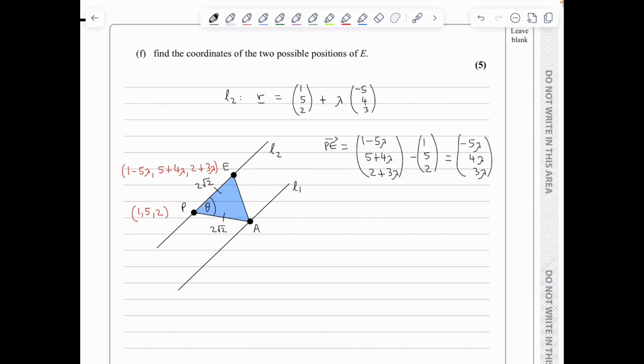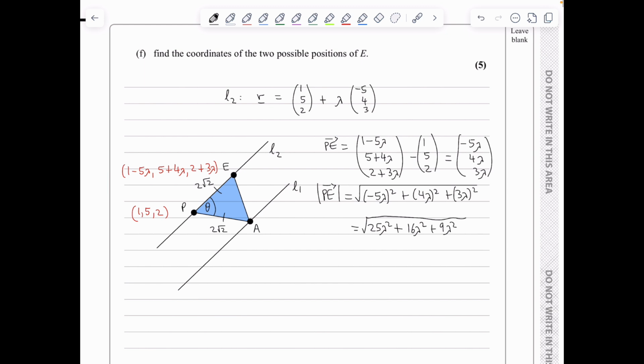And I will now find an expression for the magnitude of PE in terms of lambda, which is going to be the square root of (-5 lambda) squared plus (4 lambda) squared plus (3 lambda) squared, which gives me the square root of 25 lambda squared plus 16 lambda squared plus 9 lambda squared.